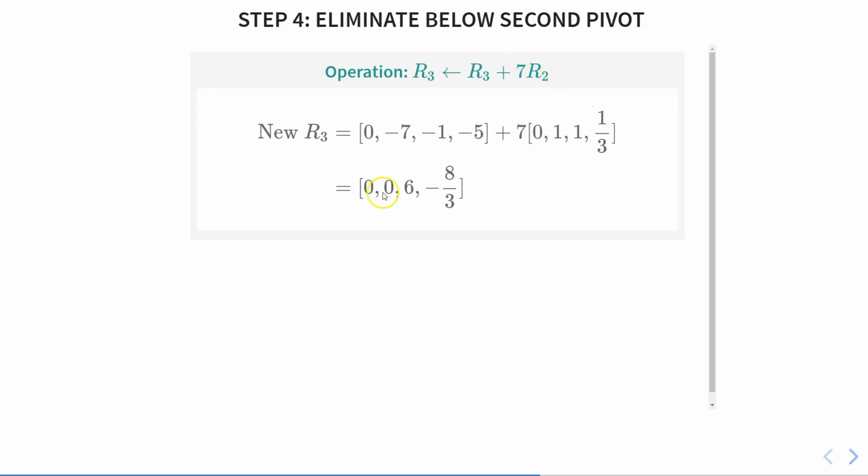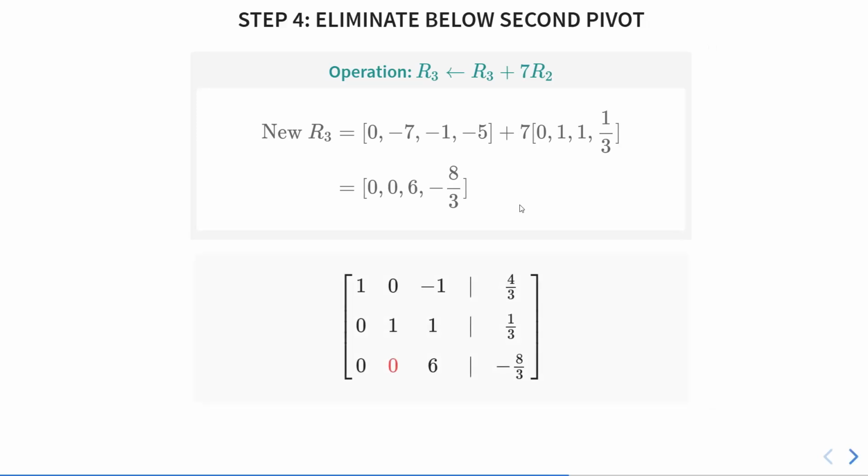If I do that operation, the new R3 will be 0 0 6 minus 8 by 3. If I plug in that new R3, my matrix will be 1 0 minus 1 4 by 3, 0 1 1 1 by 3, 0 0 6 minus 8 by 3.